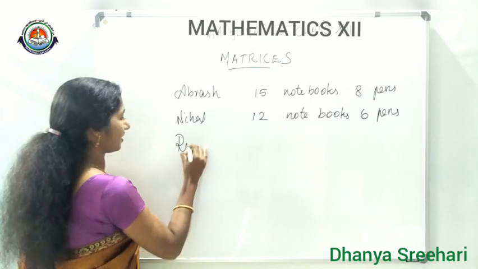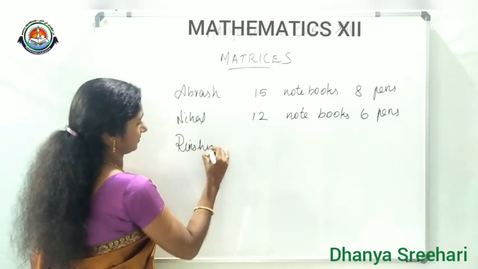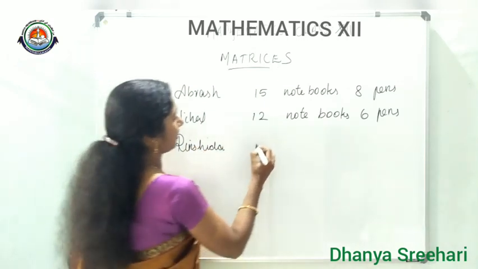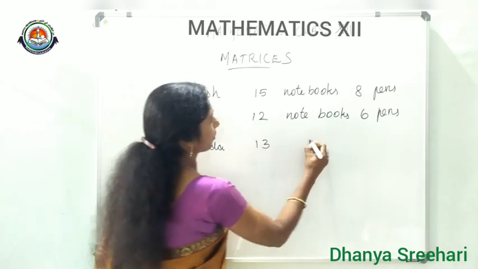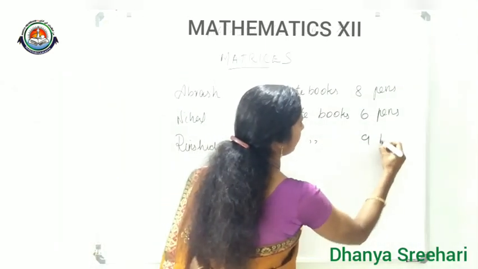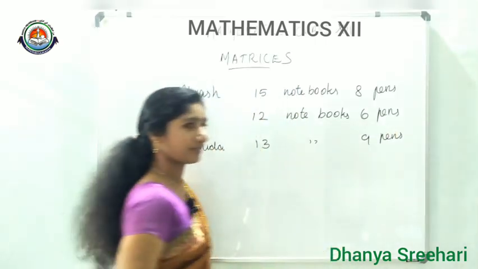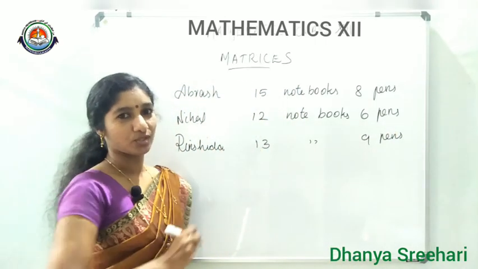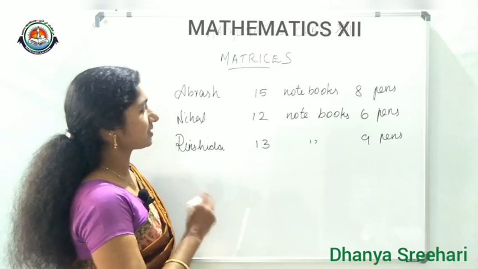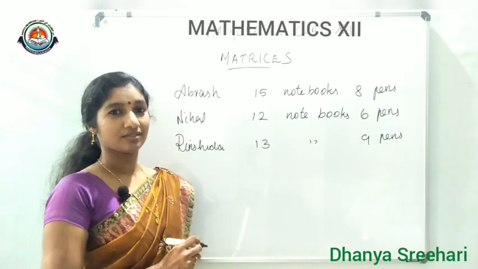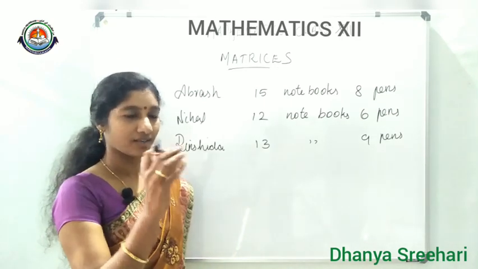And Rinshida, she has 13 notebooks and 9 pens. Like this one situation, we can arrange these numbers in another way also.